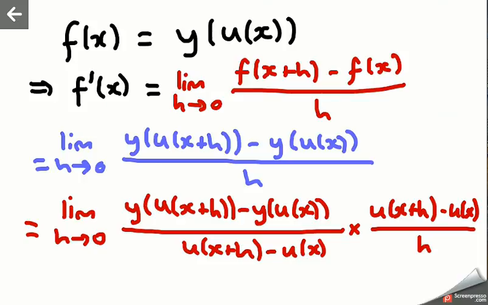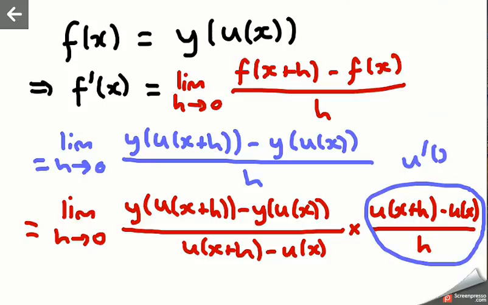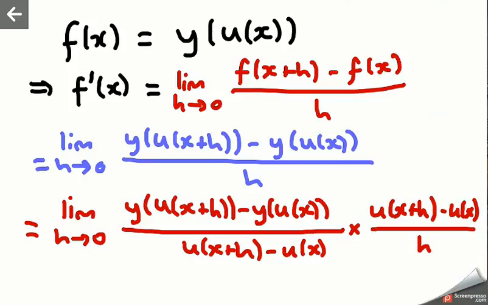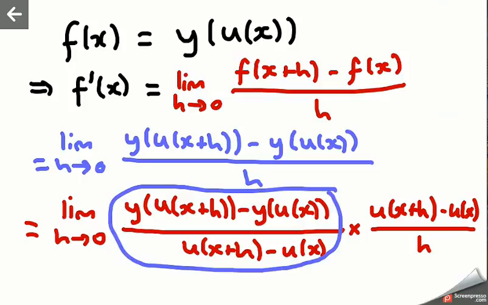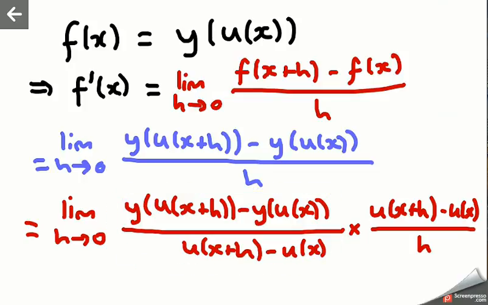And the reason we've done this is because, first of all, this thing looks suspiciously similar to that part of the u prime of x calculation, and in fact it's exactly the same if we're taking the limit as h tends to 0. Now this part here, we want to show that that is equal to y prime of u of x. And that's what we're going to do.